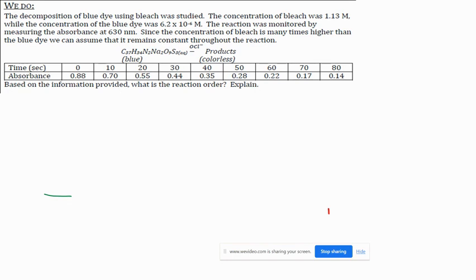The other thing that you could notice is that every 30 seconds, this goes down by half. And since that's a constant amount, that makes this a first order reaction because it gives you a half-life.